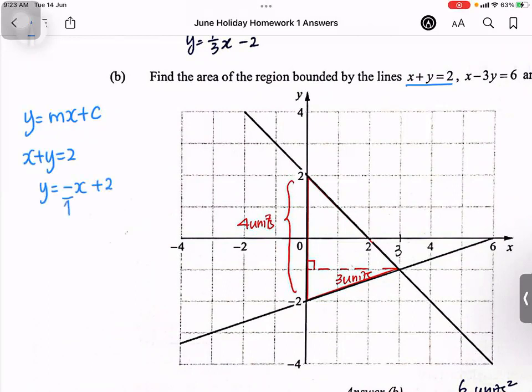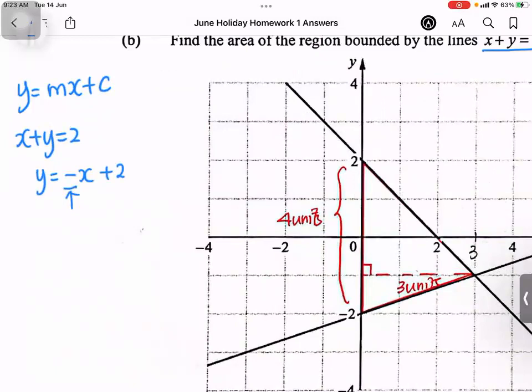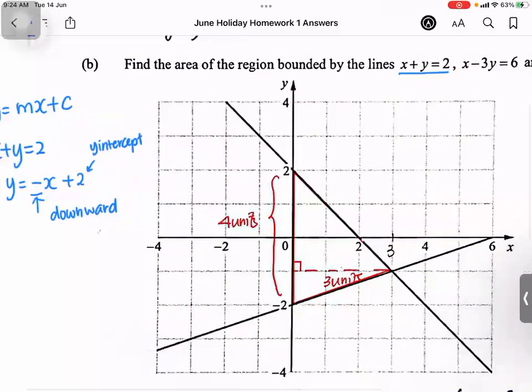The gradient is negative. Negative gradient, upward sloping or downward sloping? Downward sloping, right? So this is downwards. Next, what is this? This is my y-intercept. So the line cuts the y-axis at the number 2. That means in this case, x plus y equals 2 is this line over here.